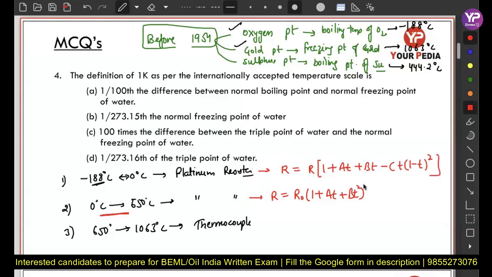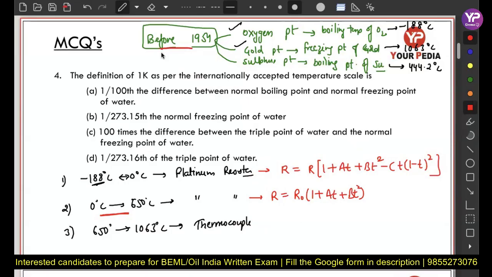So there are different cases of how we assume the variation of resistance with temperature. And in the thermocouple, we simply calculate the value of the EMF, and from it we calculate the value of the temperature.